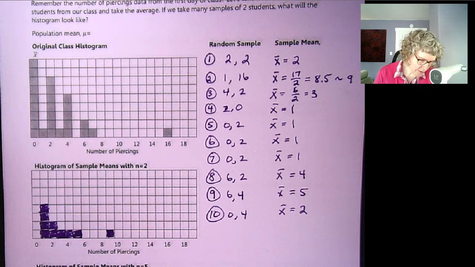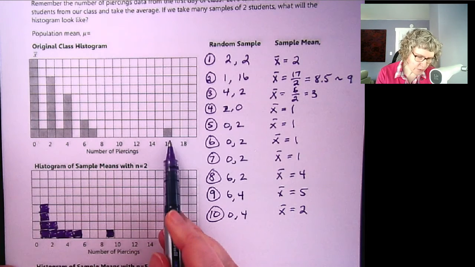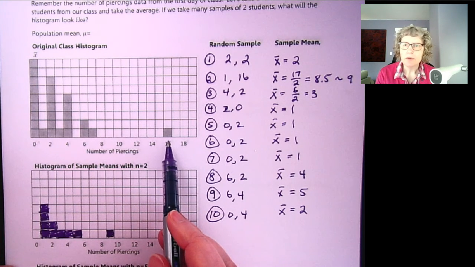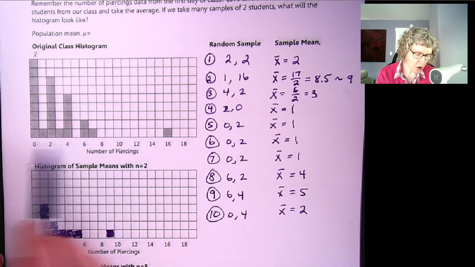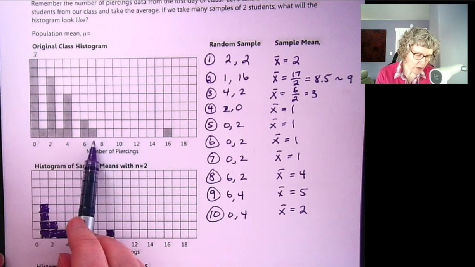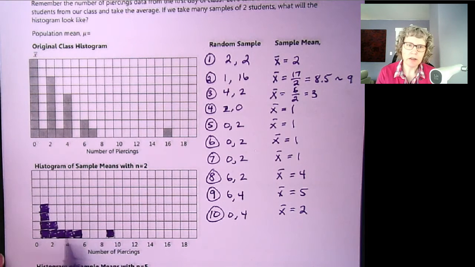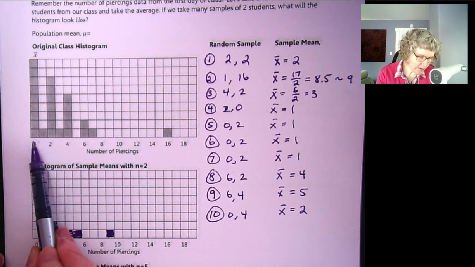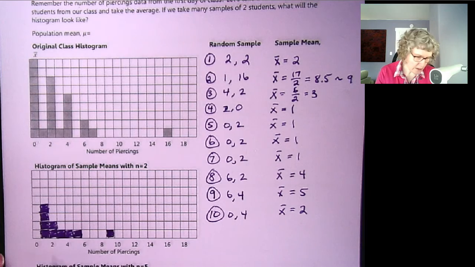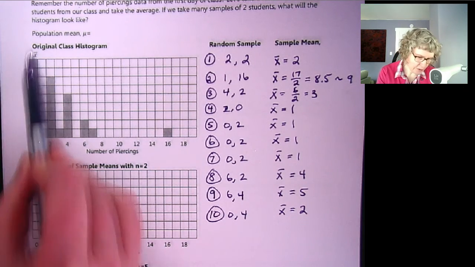Why is that happening? Whenever we're averaging, for example, when I drew the 16, I would be averaging that with a much smaller number. So that 16 averaged with anything is going to be much smaller, right? And same with 0, unless I got 2 zeros, which I didn't, but I could have. There's a lot of zeros in there.